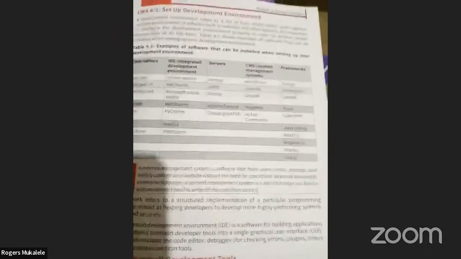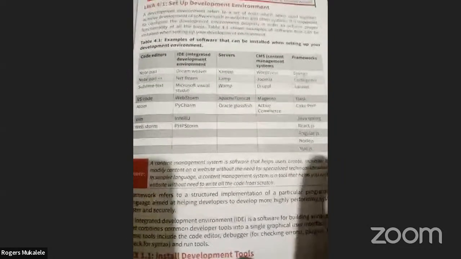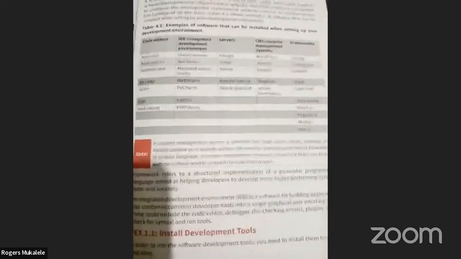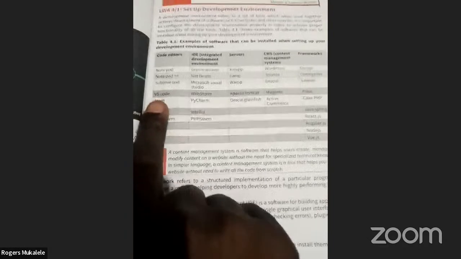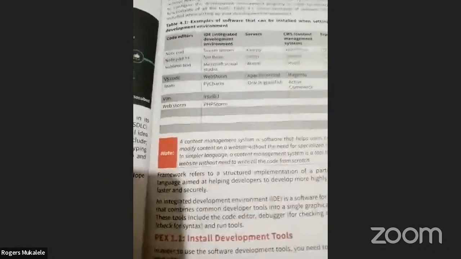They're telling us about setting up the development environment. There are several tools which I'm also going to be sharing there on the computer. We have the code editors like Notepad, but one which I like most is this one called VS Code. VS Code is good, and I'm going to be showing it to you.